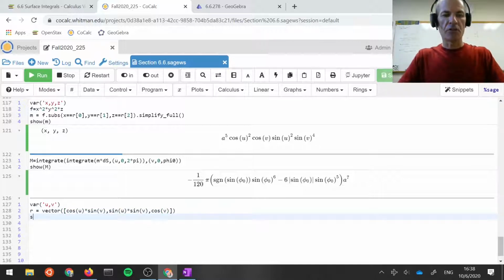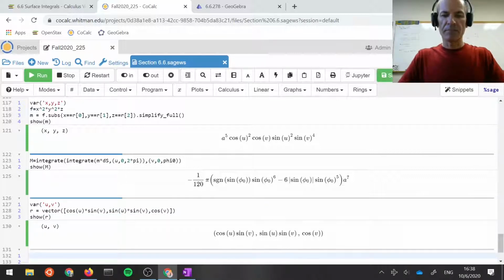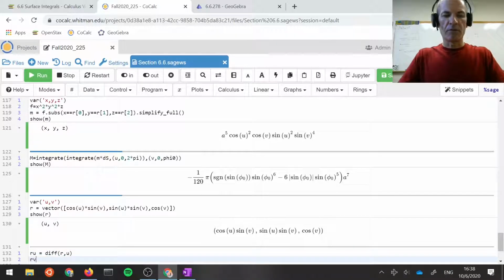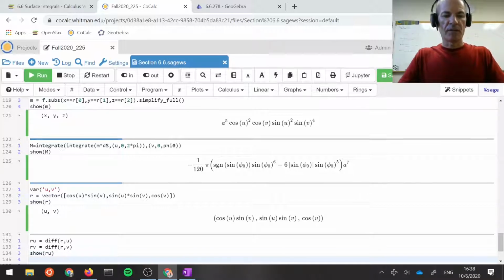And then let's just show it, so that we're confident that we've put things in correctly. There they are. Let's compute the derivative of r with respect to u, and the derivative of r with respect to v, and just show those, ru and rv.